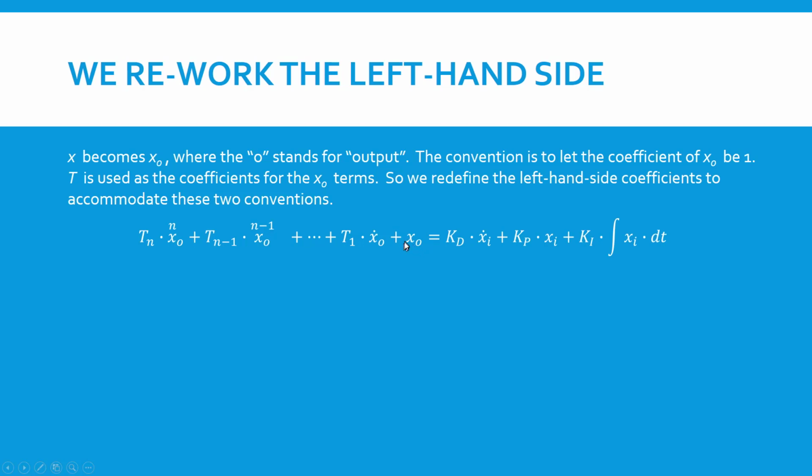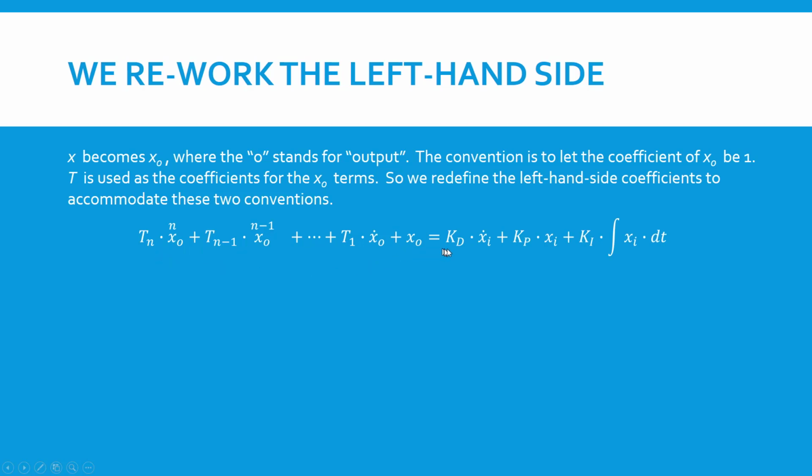So if we don't have 1 here, we will divide this entire equation by whatever that coefficient is, and then we will have this normalized form that we'll use here. And then we redefine the left-hand side coefficients to accommodate that fact. We use t for these coefficients, and we'll see that there's actually some significance to that.